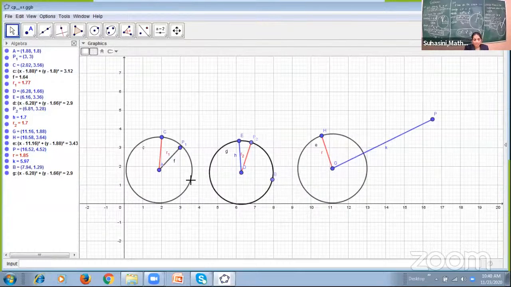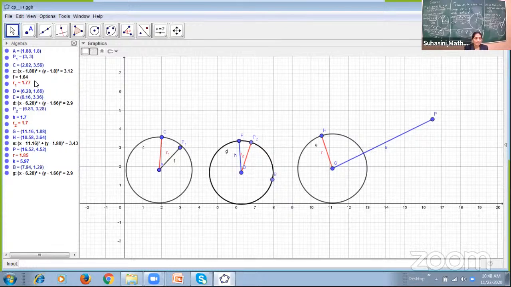Take the first circle, children. And the point P is on the circle. What is the distance CA? It is the radius R1 indicated with red color. And next is F. See the values. R1 is 1.77 and F is 1.64 because P is inside.